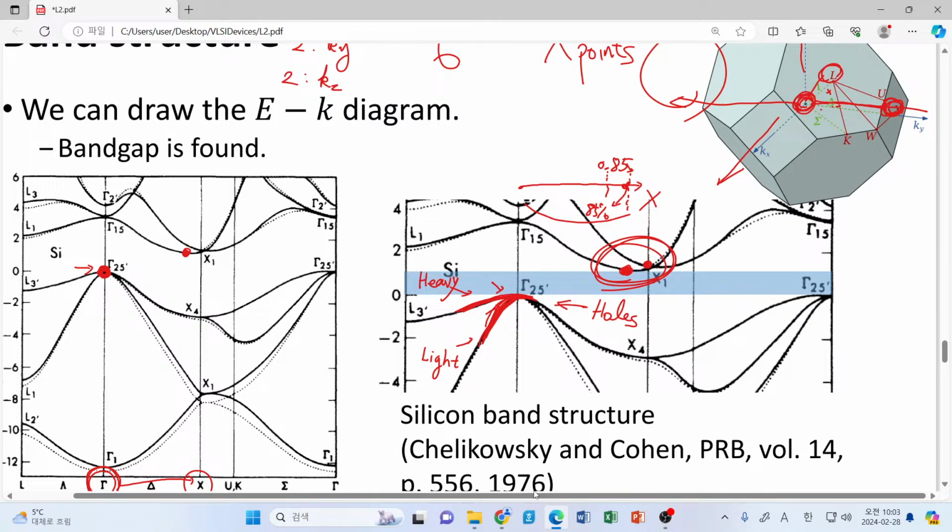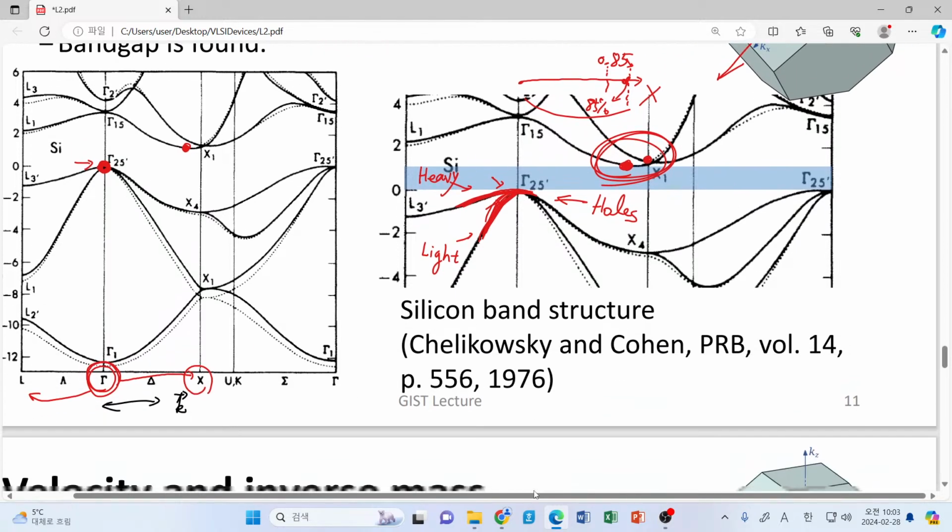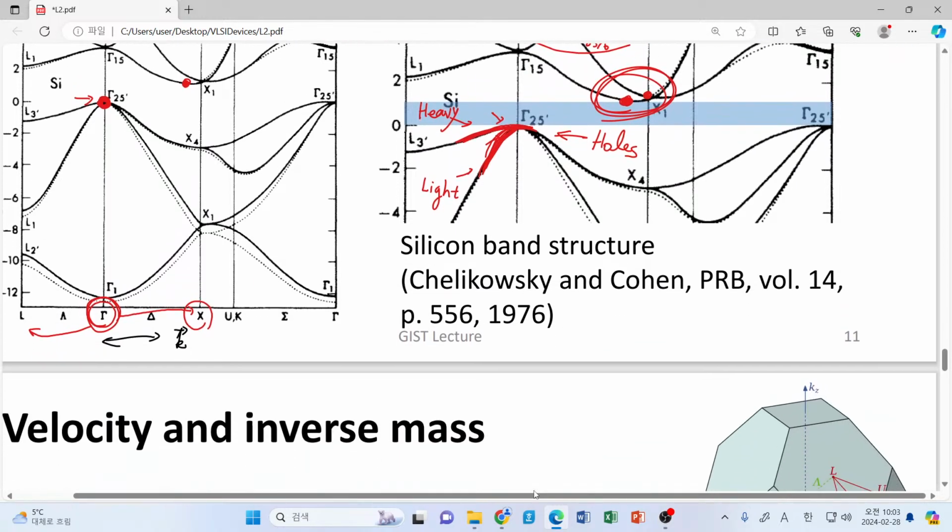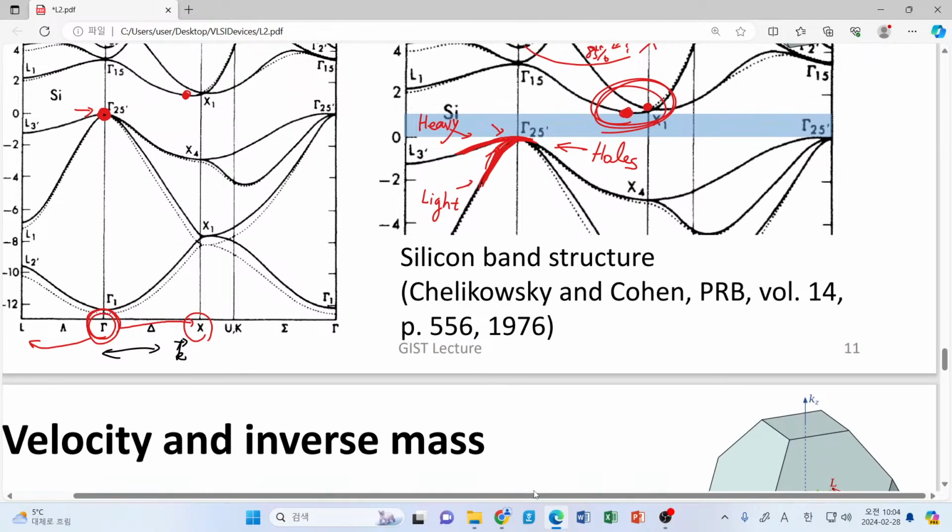But anyway, the lesson up to now is that every kind of this E-k diagram comes from the periodicity of our electronic or atomic system. But when we apply it to a real bulk system like silicon, germanium or something like that, its behavior is much more complicated, and every material shows different behavior.